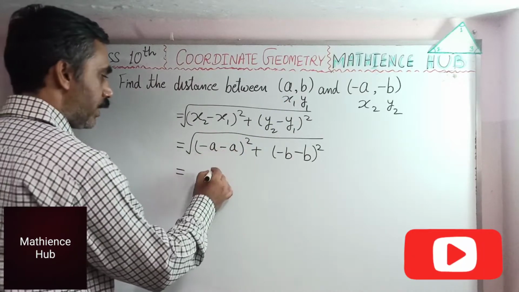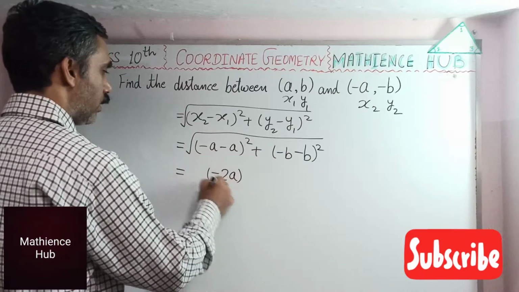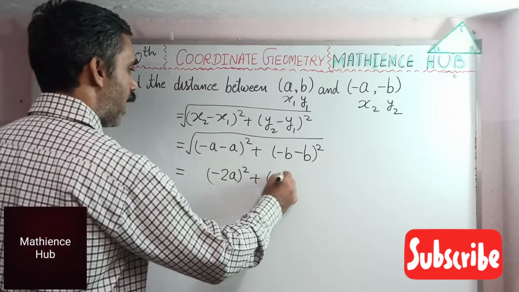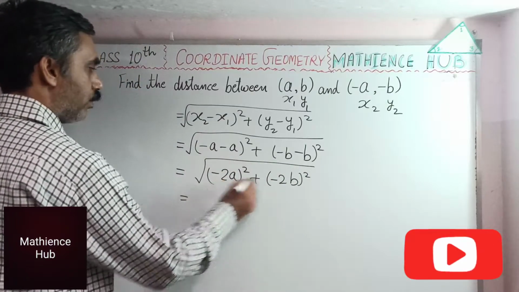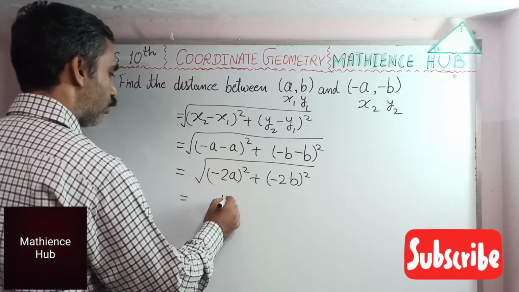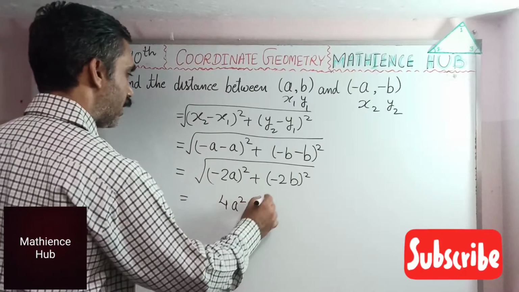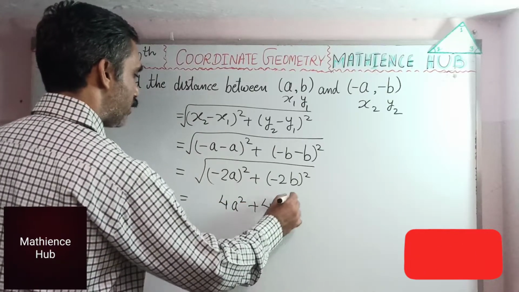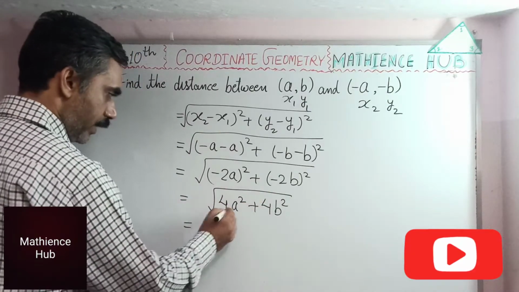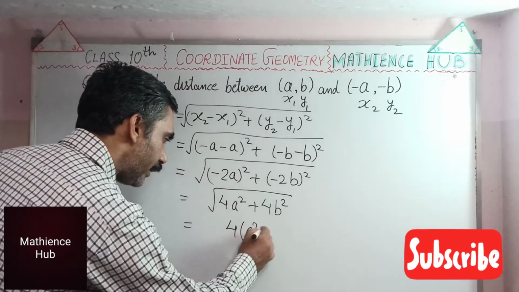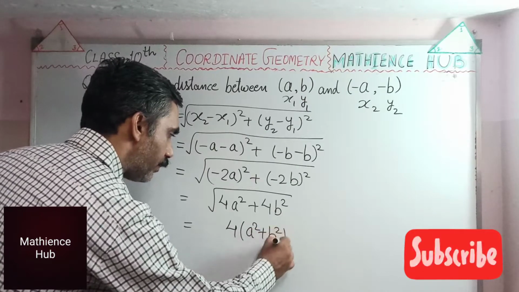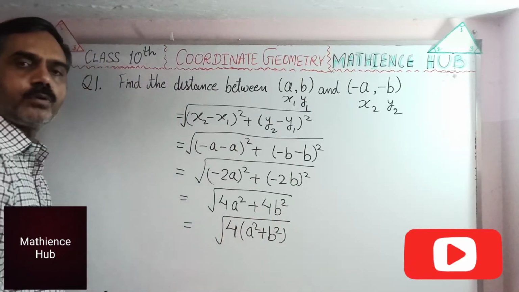Minus a minus a is minus 2a, square, plus minus 2b square, both the numbers. 2 square is 4, so 4a square plus 4b square. 4 is common in this, so in the bracket a square plus b square, under the square root.